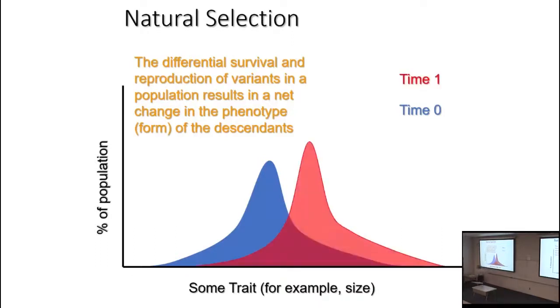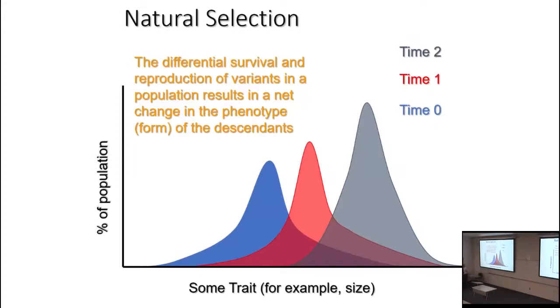Over time, the frequency of tall creatures will be more common. The frequency of little ones will go away, and any mutation that continues in this trend will also do well. So that over time, the traits that we observe in that lineage have transformed. So that's what natural selection is.